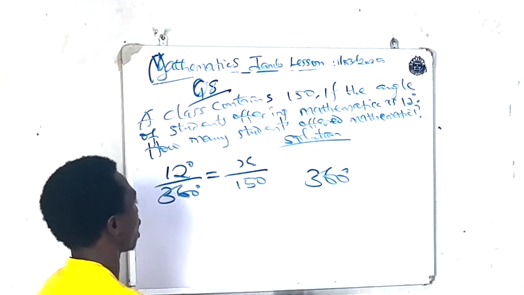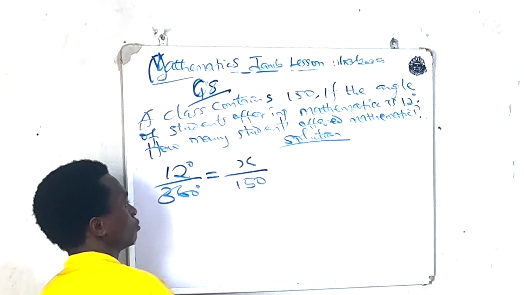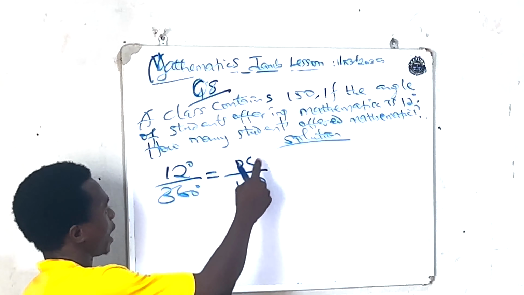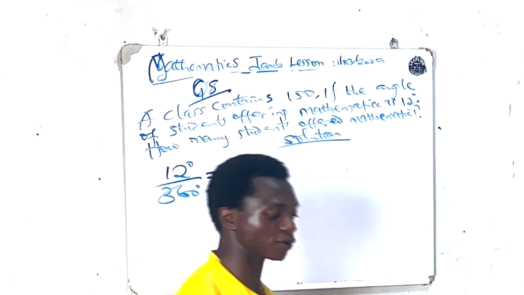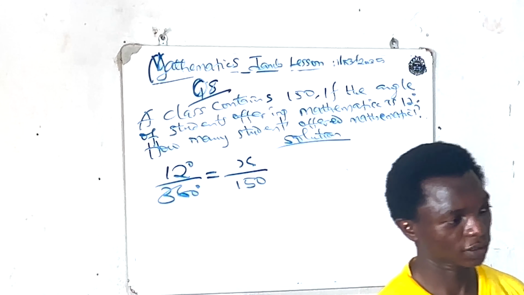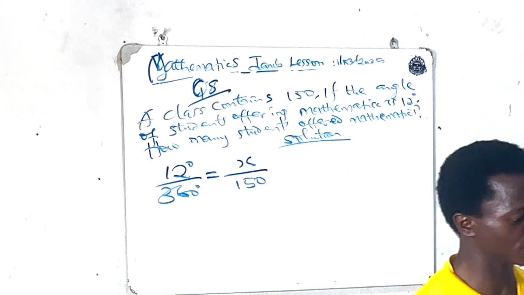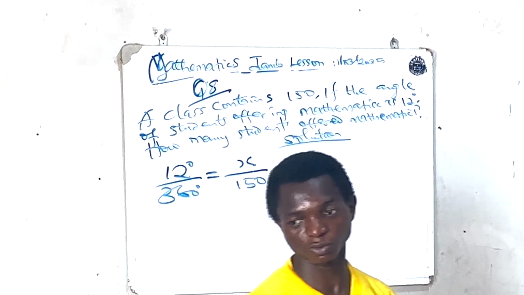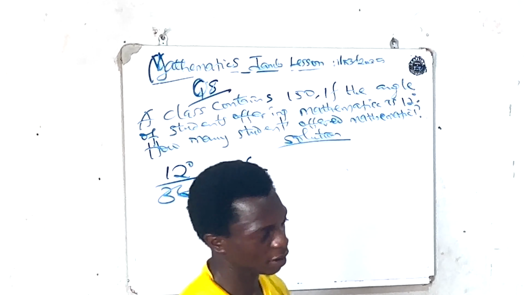This is how we have the relationship. Now we are taking x as the number of students offering mathematics, which is unknown to us, and the angle for mathematics students is 12 degrees.